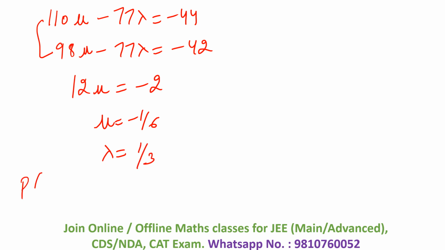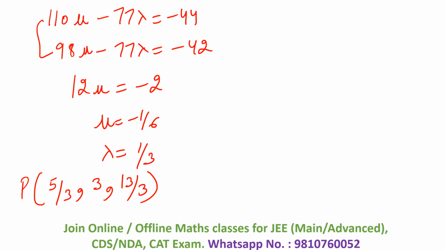Now students, it's very easy to find the coordinates of the point P, where the line of shortest distance is intersecting the line L1. Now how can I get the coordinates of point P? Just put the value of lambda in the general coordinates of the line L1. So the coordinates of P become 5 upon 3, comma 3, comma 13 upon 3.